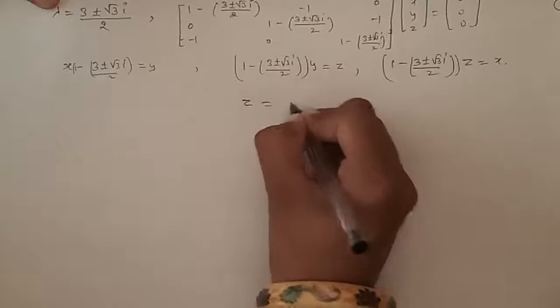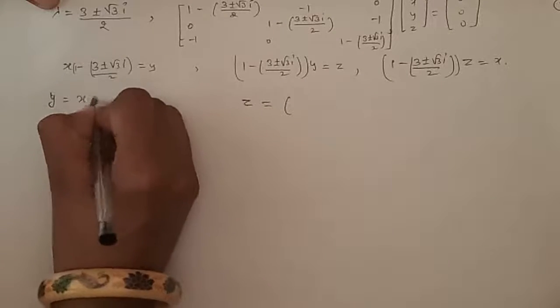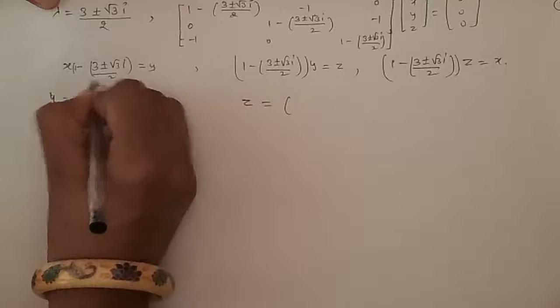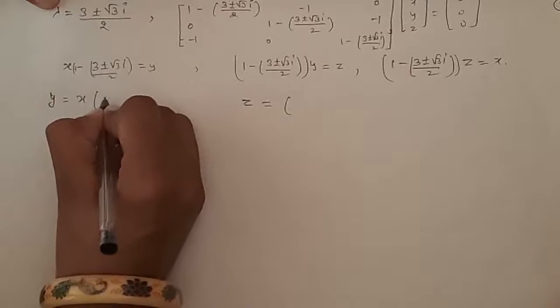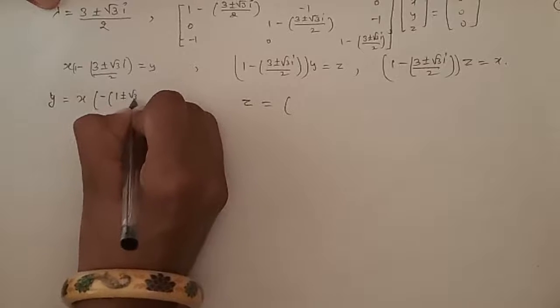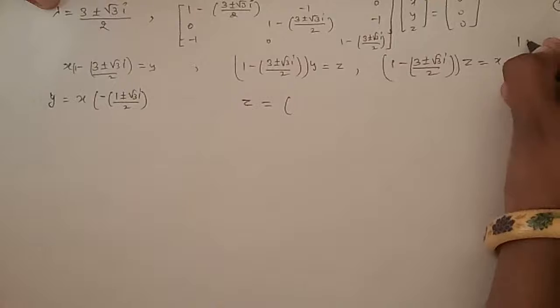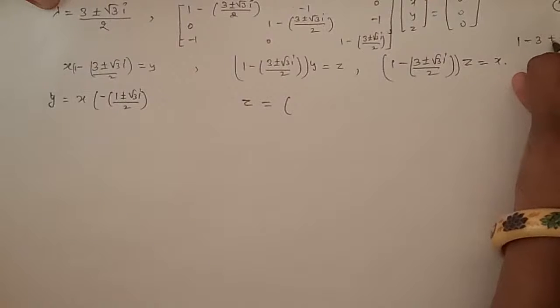So z is equal to, before that I can further simplify this as x times 1 by 2 minus 3. So this becomes (minus 1 plus root 3i) divided by 2. How I did this calculation? 1 minus plus and minus as it is root 3i by 2, 3 by 2.